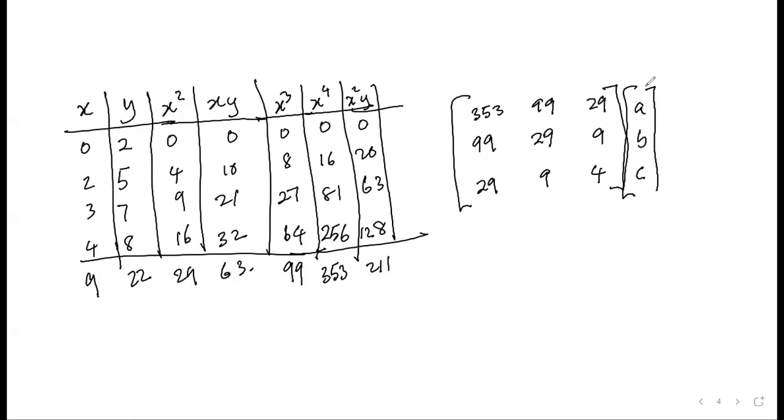Times ABC is equal to 211, 63. Drop that in MATLAB to solve.